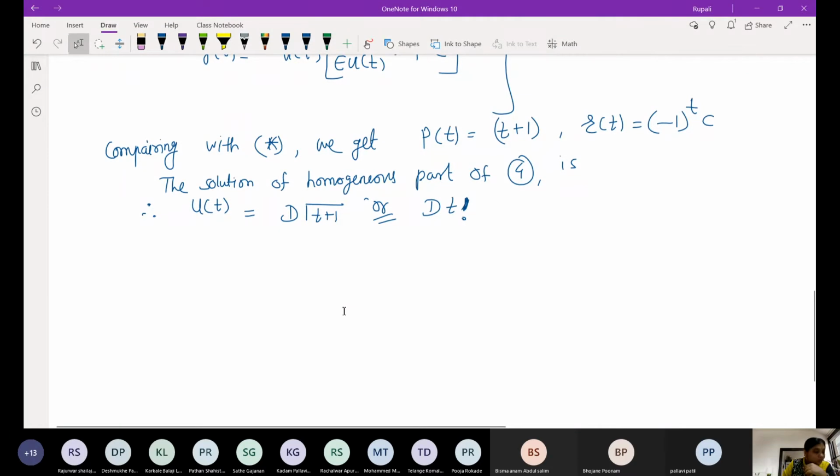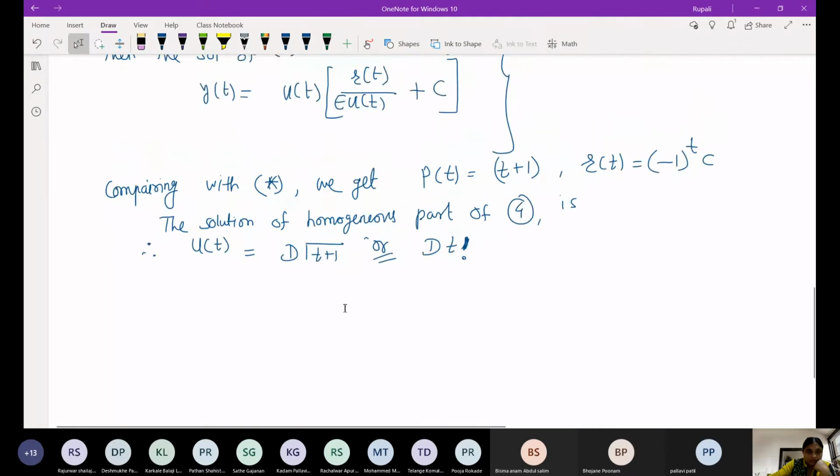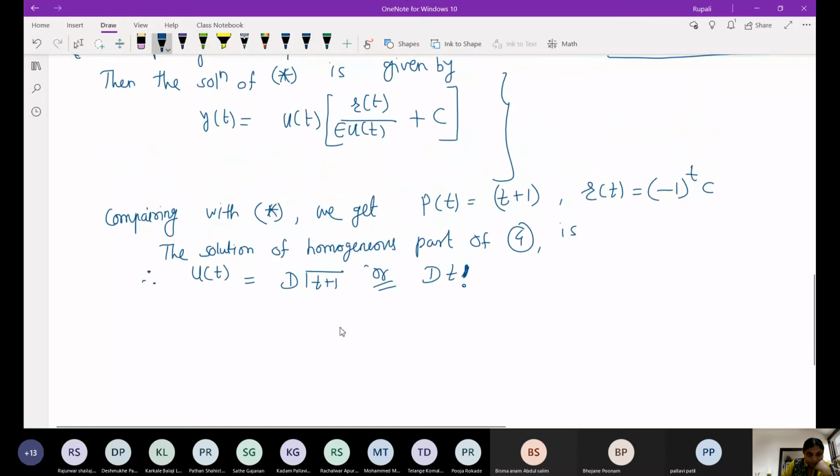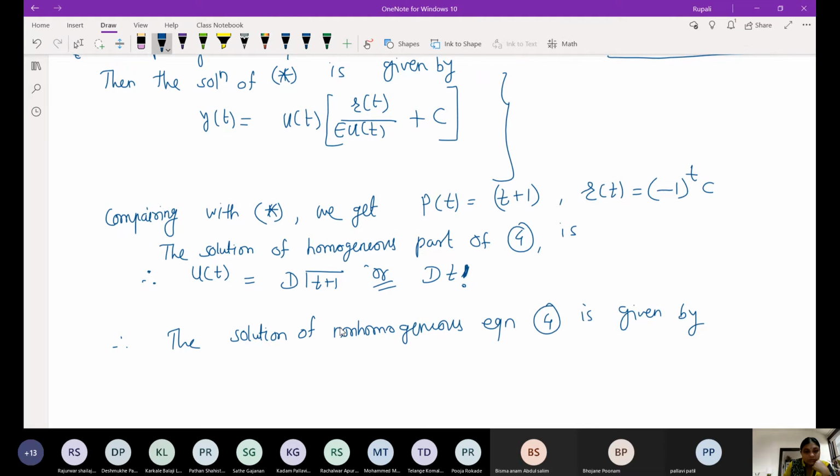Therefore, the required solution of the non-homogeneous equation 4 is given by Y of t equal to u of t, where u of t is my d times gamma t plus 1.